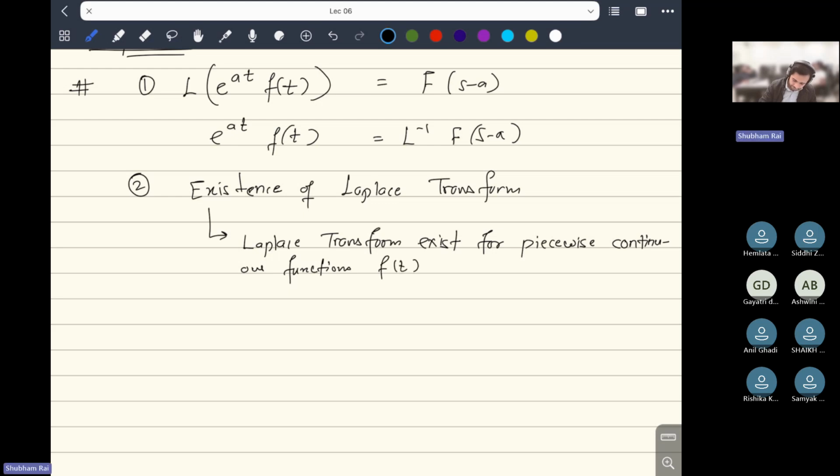Let's say f of t, where time is obviously always greater than or equal to 0. This function should not be unbounded. Unbounded means going to infinity. It should be bounded, because otherwise the integral will also become infinity, right? Although in time we are going from 0 to infinity, we are getting a finite value of the integral. It means our function is not going to infinity. So it should be some bounded function.